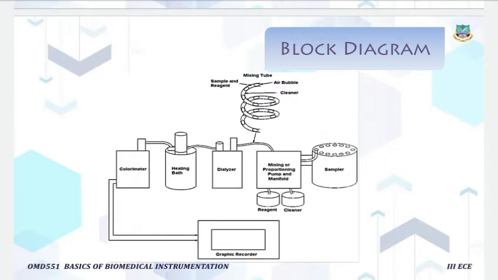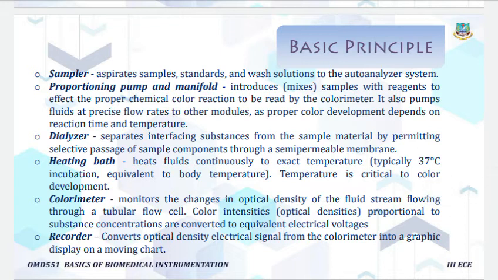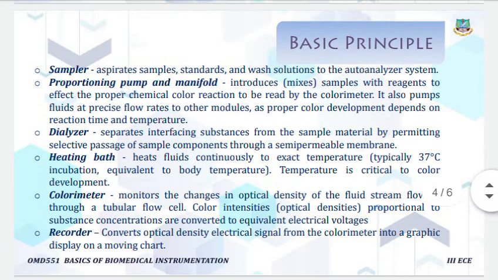Okay. The sampler aspirates samples, standard and wash solution into the auto analyzer system. The proportionating pump and manifold introduce or mix samples with the reagent to effect the proper chemical color reaction to be read by the colorimeter. It also pumps the fluid at precise flow rates to other modules, as proper color development depends on the reaction time and temperature.